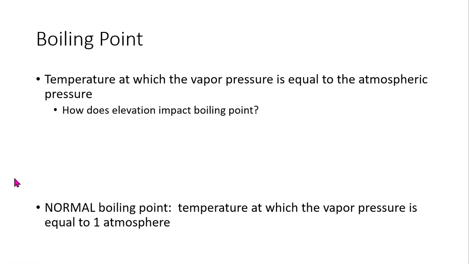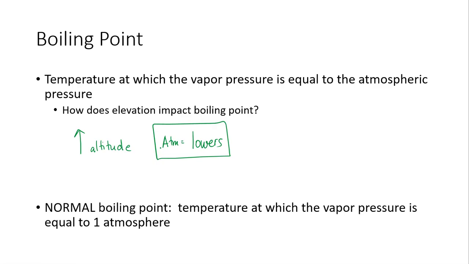Elevation impacts it by the higher up in altitude. I'll write this down just in case. The higher up in altitude you go, like if you go to Denver, I'll tell you my story about Denver. If you go to Denver, it's the mile high city. So if you go up in altitude, that means that the atmospheric pressure lowers. You're closer to the vacuum of space, is what you can think about it.